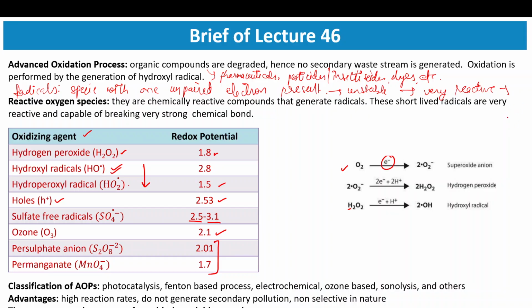So it immediately tries to react with the compounds that are present so that it can pair the electron, right? So they are very short lived. Now we are utilizing this reactiveness and its instability to oxidize other compounds, right?